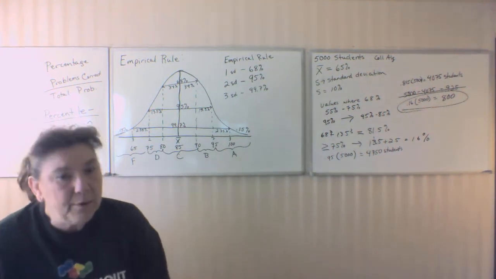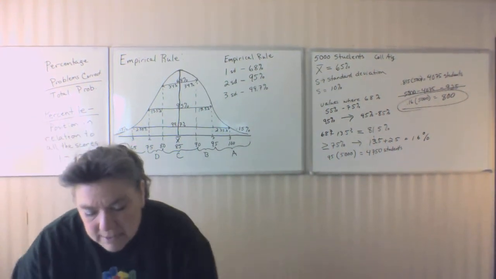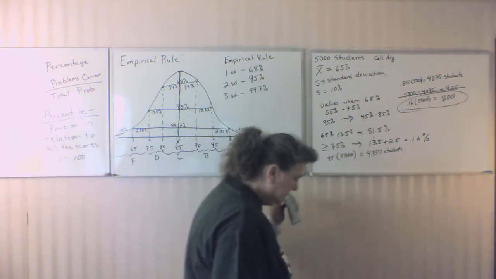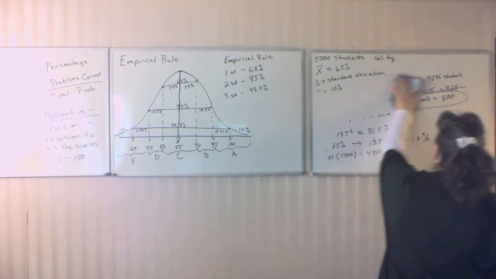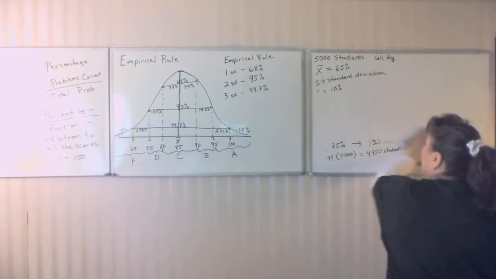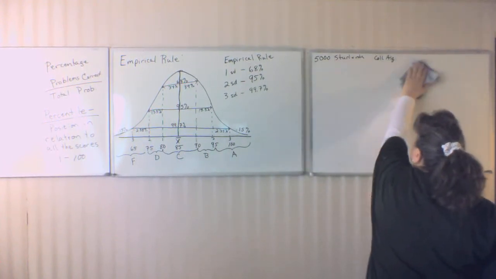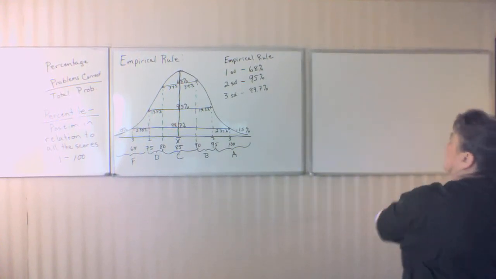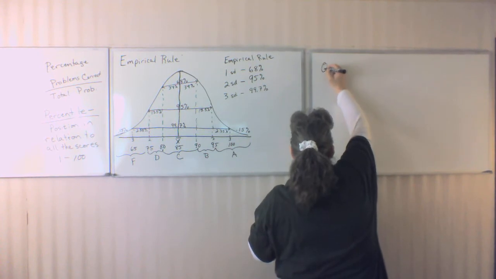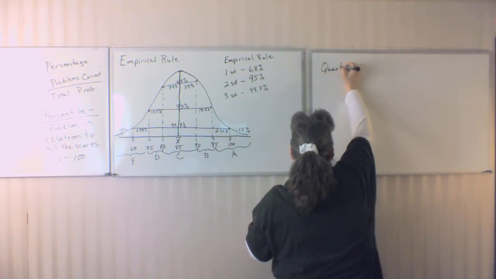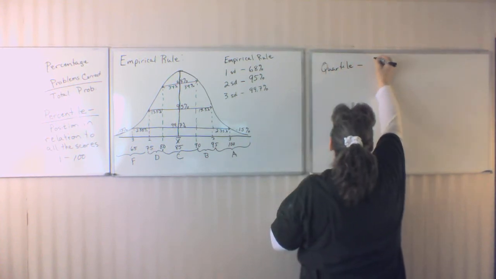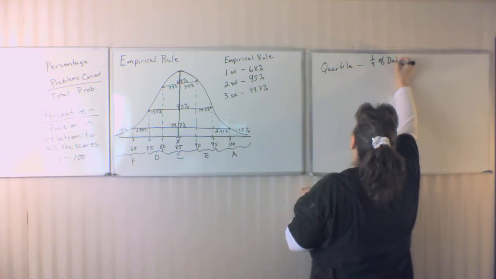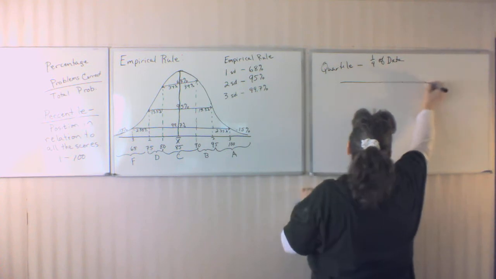Another way we do that, we've already mentioned it with the box plot, and that one is called quartiles. So when you're looking at quartiles, which is what the box plot is, you're looking at dividing all the group into fourths. So a quartile is 1/4 of the data. So you're going to break the data up into 4 pieces.